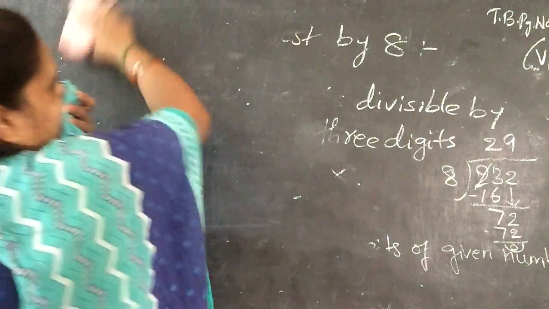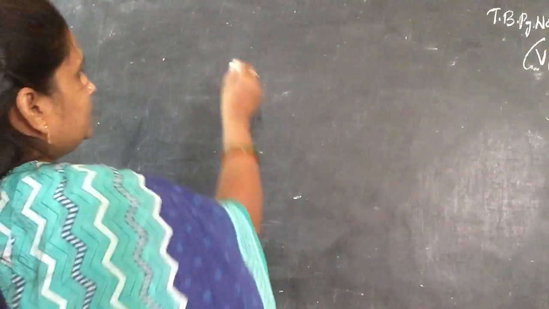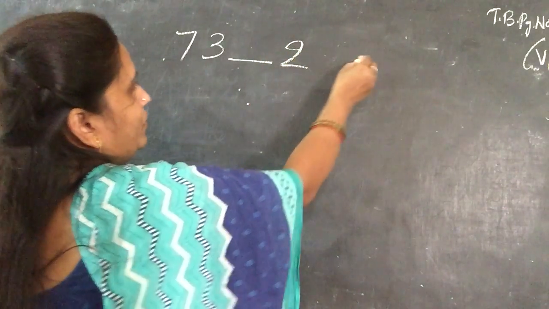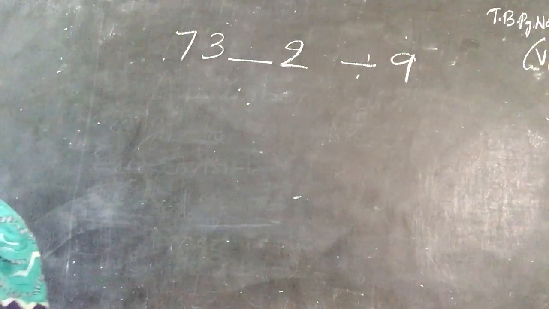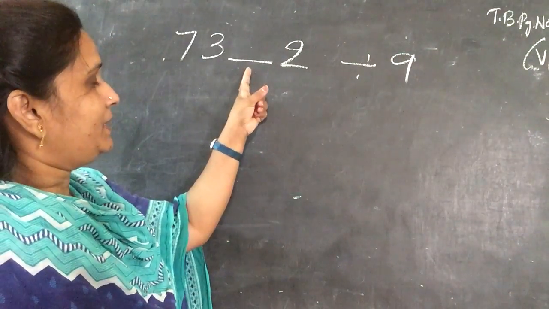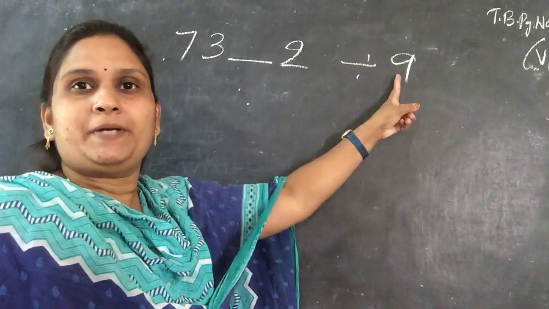Last topic of the chapter, children. 732 and a blank. We have to check whether it is divisible by 9 or not. So we have to find the missing number, by adding which number exactly the given number can be divisible by 9.